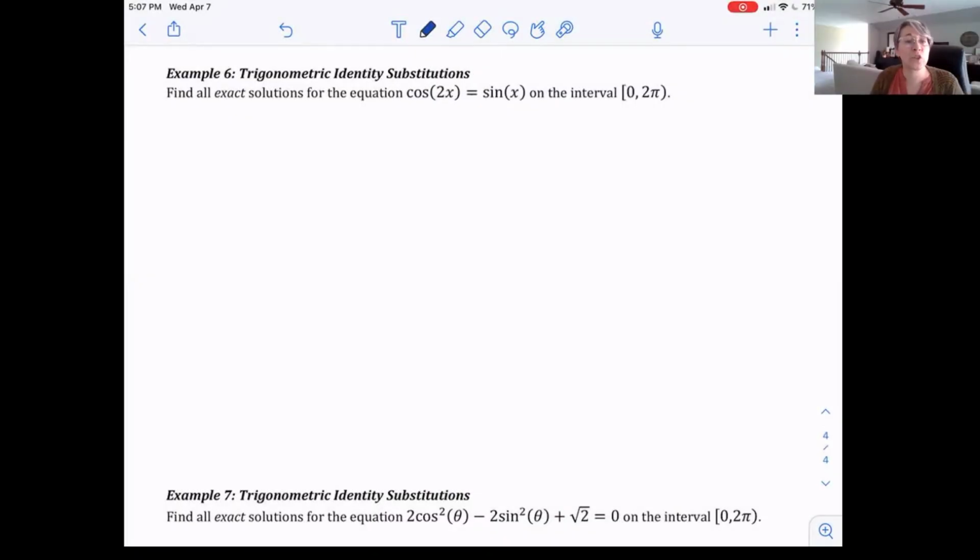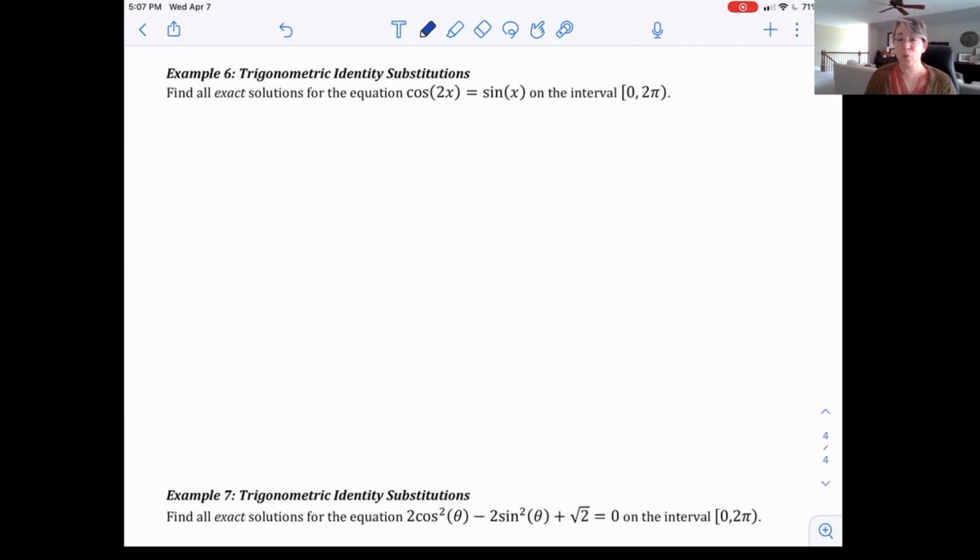Find all exact solutions for the equation cosine 2x equals sine x on the interval. Now this one is where a trigonometric identity might come in handy, because I can't change cosine 2x to sine x using Pythagorean. I can't factor it out because one has an angle, one is a double angle.